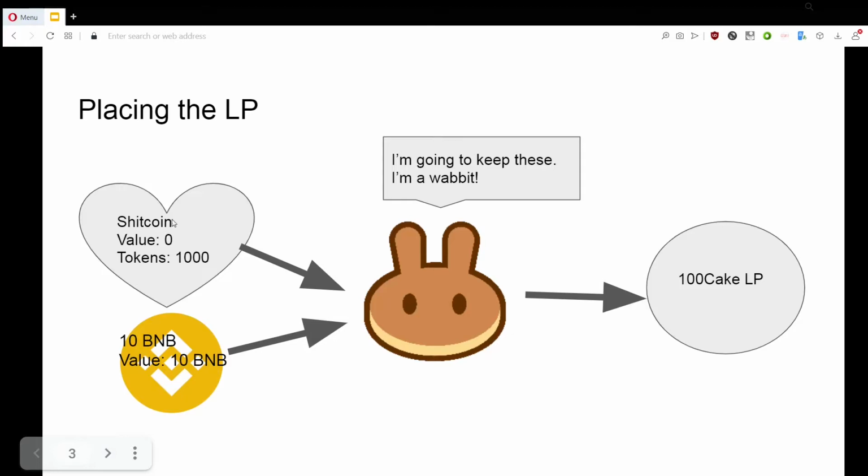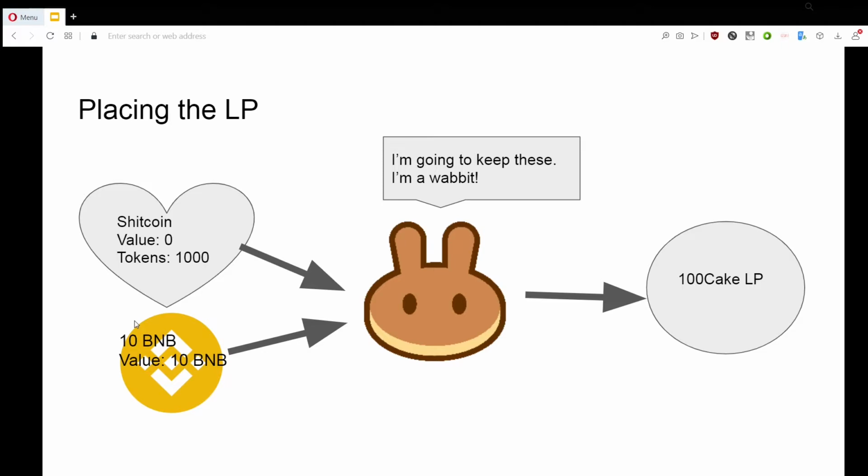When you take these tokens, you take the shitcoin, which has a value of 0, and you take, for example, 10 BNB. This is just an example. Could be more, could be less. And then you transfer it to PancakeSwap, and PancakeSwap in return is going to create you a new token called Cake LP and transfer this Cake LP to you, which is a token created by a smart contract which basically says that you have the option to remove the liquidity pool from PancakeSwap.